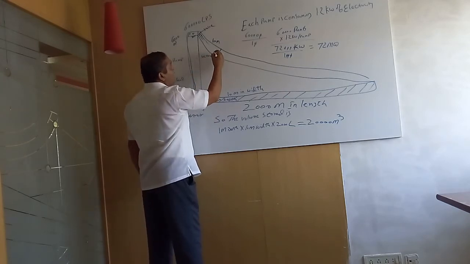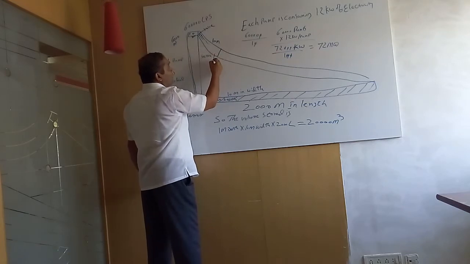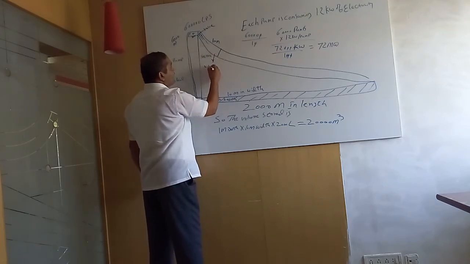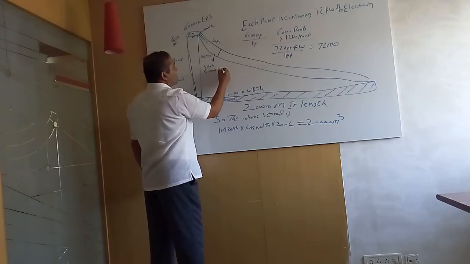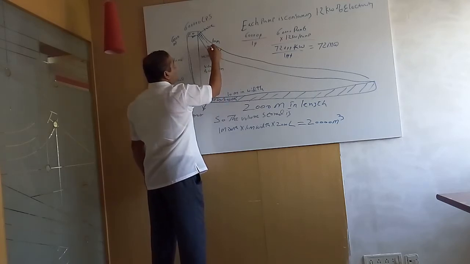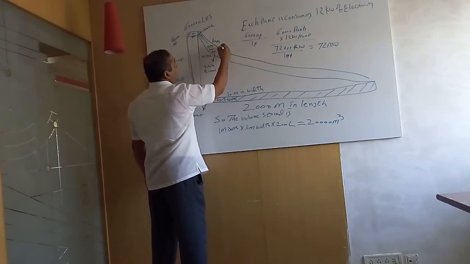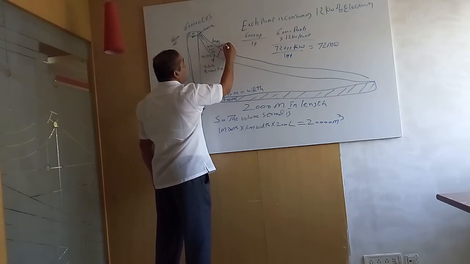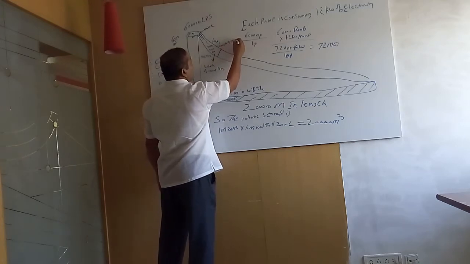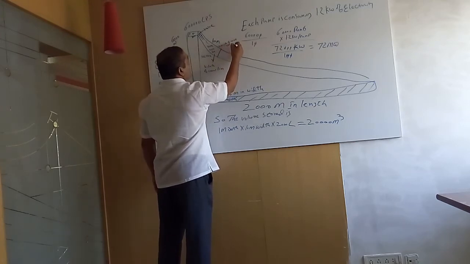The section has the following description: width of canal 10 meters, depth of canal 6 meters, length of canal 100 meters.